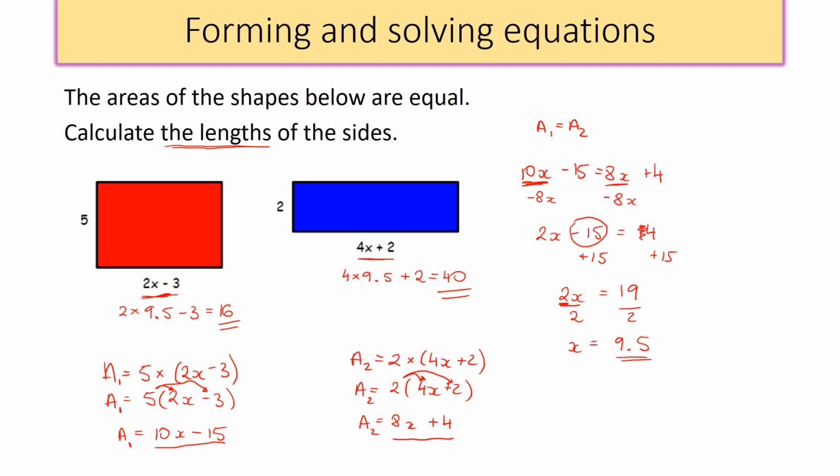I could now check to see whether my answers are correct, because when I work out the areas of the two rectangles, then they should be the same. And 5 times 16 is 80, and then 2 times 40 is 80 as well, so I know I'm correct.